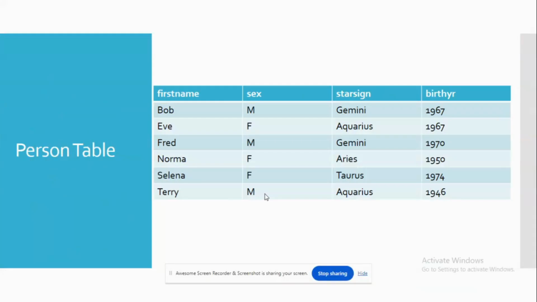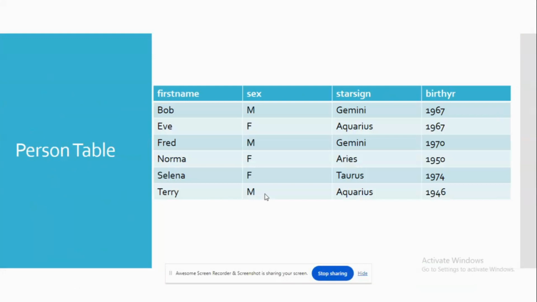Now this is the table that we will be creating and the data that will be inserted into the table. Our table is going to have four columns: the first name, sex, star sign, and birth year column. And that's the data that will be added to the table.